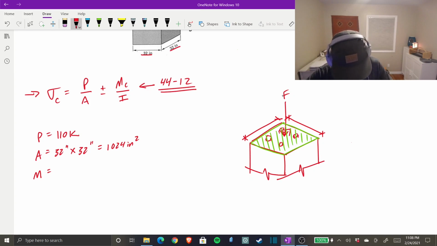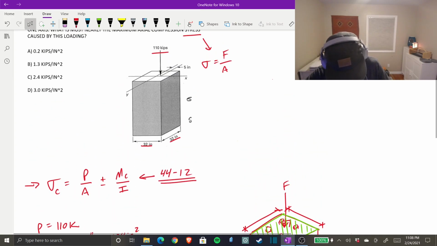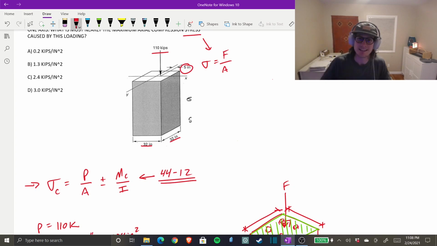Well, if we scroll up, we know there's an eccentricity of 5 inches, so this is not a concentric load. Concentric is the load is perfectly on the centroid of the column, which is right here. But in green here, we have a 5-inch eccentricity to where that point load is acting on our column.